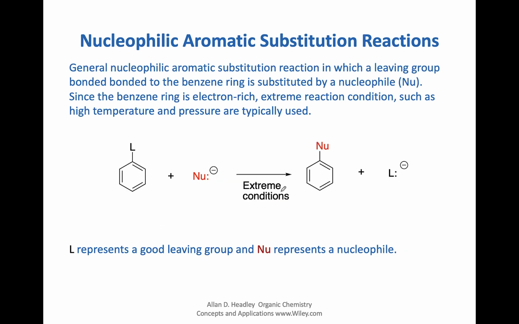Okay, let us look at another type of reaction. This type of reaction is called nucleophilic aromatic substitution. Notice it's not electrophilic aromatic substitution, but nucleophilic. You may be saying to yourself, this should not work because the benzene ring here has electrons.